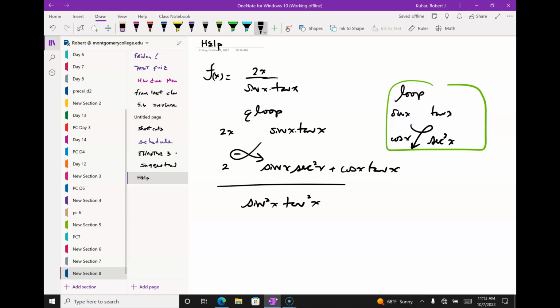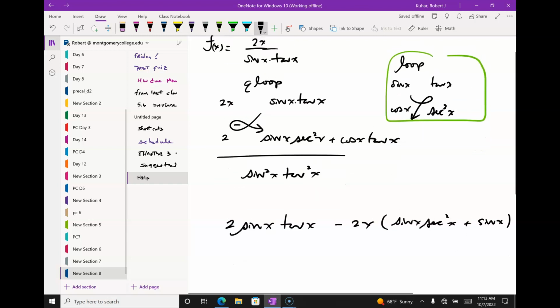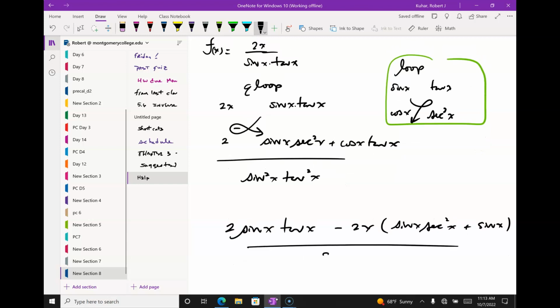So it looks like I have 2 sine x tan x minus 2x times the quantity sine x secant squared x plus sine x. If I can simplify a little bit there, I will. So you see the cosine and the tangent cancel there, all over sine squared x tan squared x.